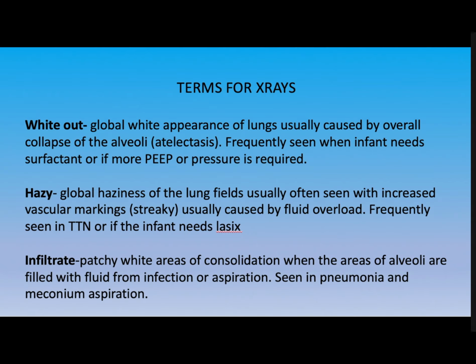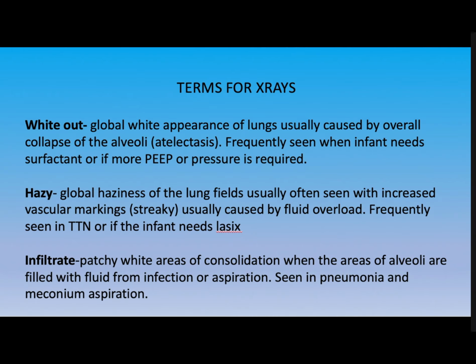Some of the things that people have had questions about are terms that we use. We just wanted to make sure everyone was clear about what they meant. The first one is whiteout. What does that mean? We will come to you and say the baby has a totally whiteout lung. Whiteout is just a global white appearance of the lungs. It's usually caused by overall collapse of the alveoli, which is also called atelectasis.